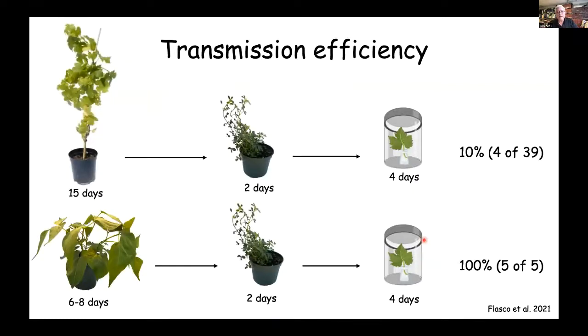What is interesting in our assays, and I mentioned a few minutes ago that grape is a feeding host, but a very poor feeding host of the vector, but leguminous plants like snap bean are preferred hosts. So when I do the assay using infected grape or infected beans, you can see here the difference in the transmission rate.